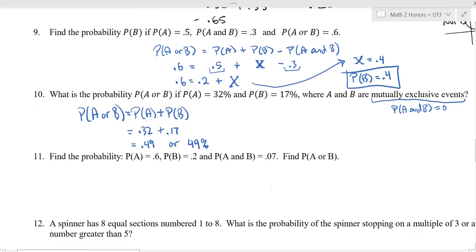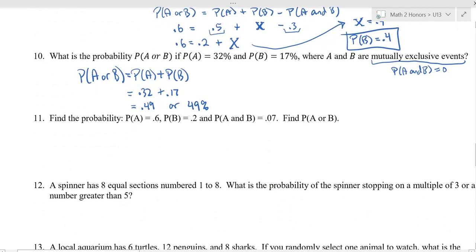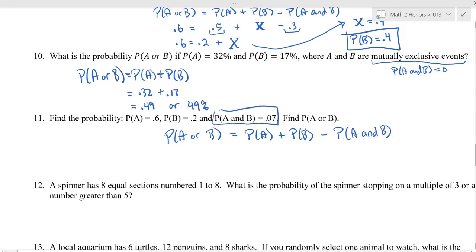On 11, we're given the probability of A, the probability of B, the probability of A and B, and we want the probability of A or B, same formula. We know that A and B can happen at the same time because it tells us that there's a 7% chance that it can.